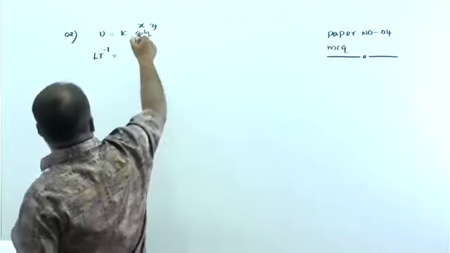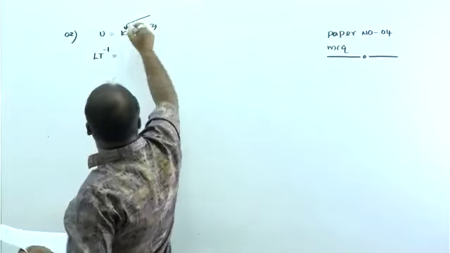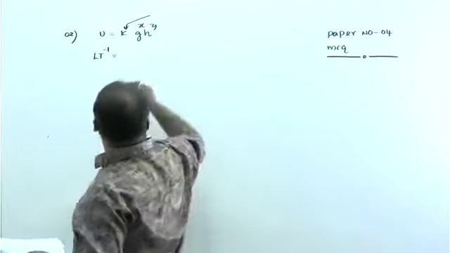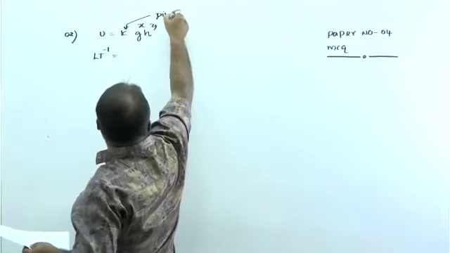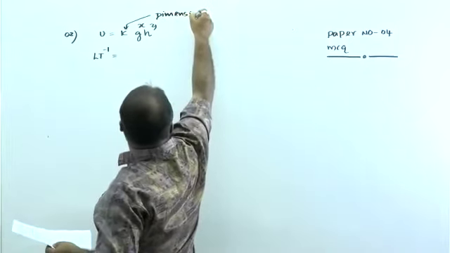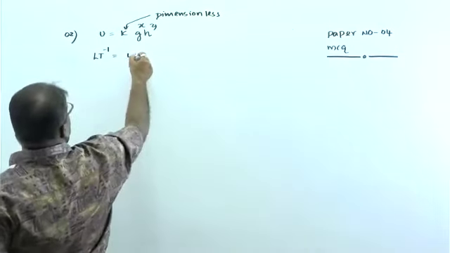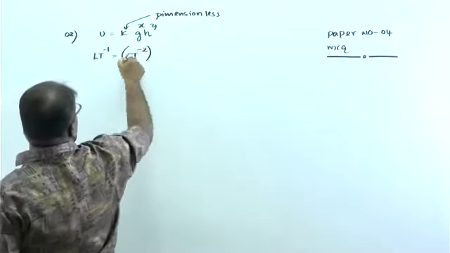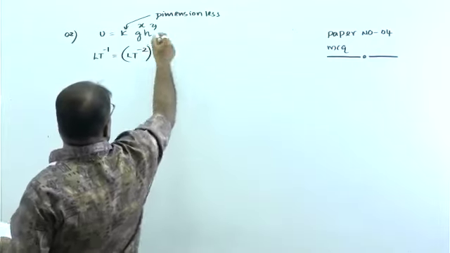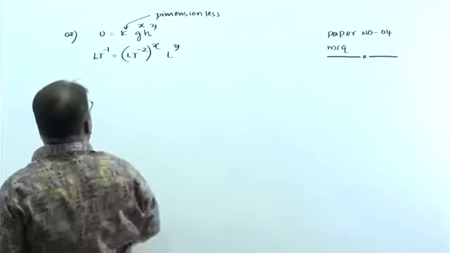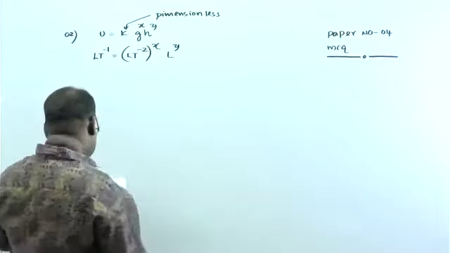If it is not specially mentioned, we have to consider K dimensionless. Can you note it? K is dimensionless. G is LT minus 2 to the power of X, H is height.